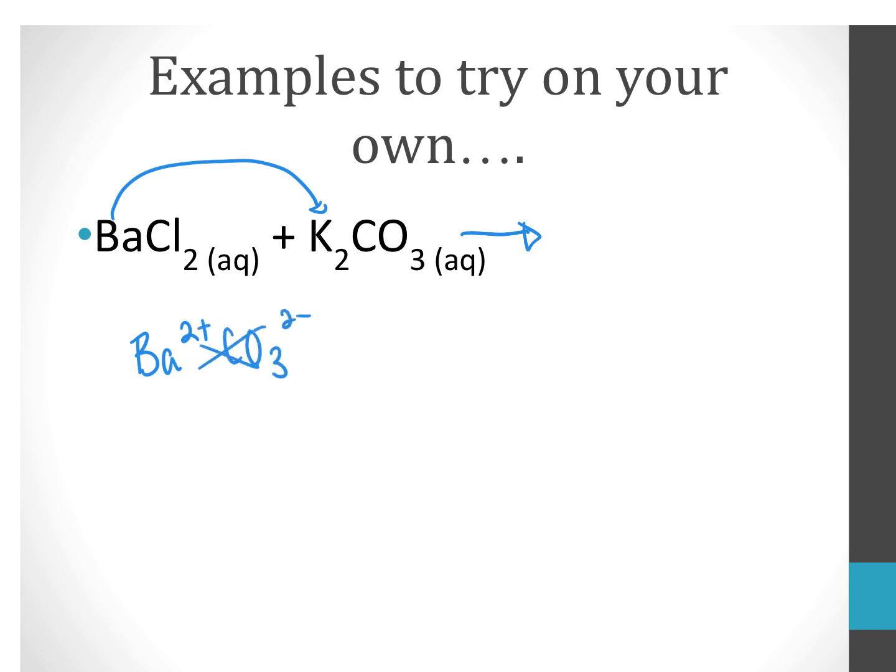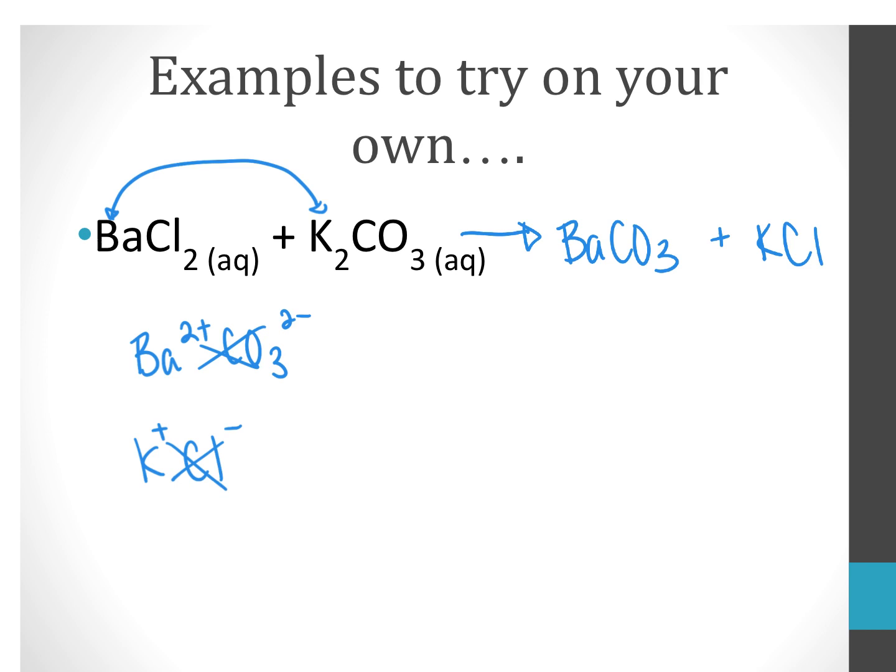So when you do the crisscross, what do you get? BaCO3. Good. And then potassium bonds with chlorine. What's the charge of potassium? Plus. And what's the charge of chlorine? -1. When you crisscross, what do you get? KCl.